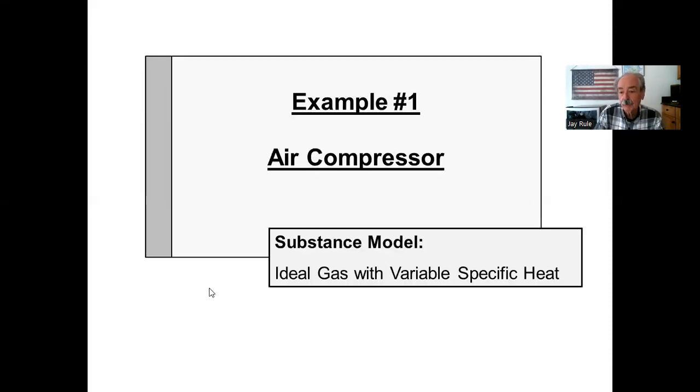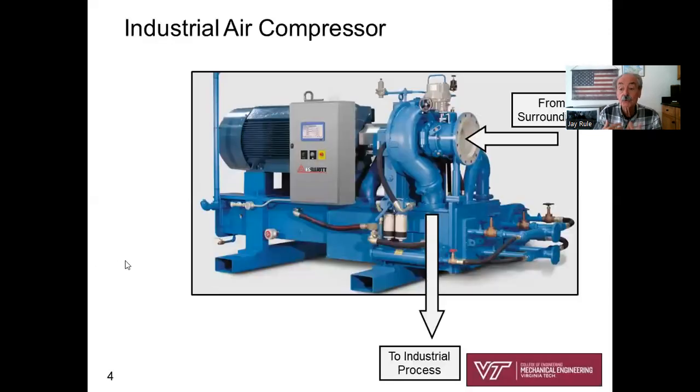So example one, we're going to compress air at a steady rate, and we're going to model air as an ideal gas with variable specific heat. This is what an industrial air compressor looks like. We've got ambient air coming in from the surroundings into the eye of the centrifugal compressor.